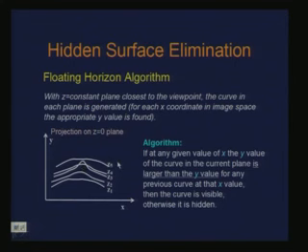One can propose an algorithm where one says that if, at any given value of x, the y value of the curve in the current plane is larger than the y value for any previous curve at that x, then the curve is visible. So, z3 is already plotted, a previously plotted plane, and now we are plotting the curve for z4, going from front to back.